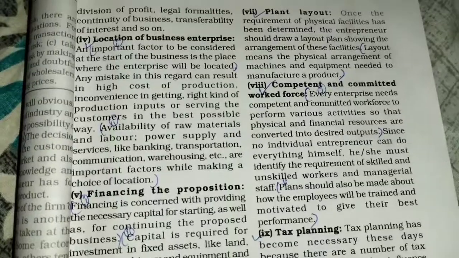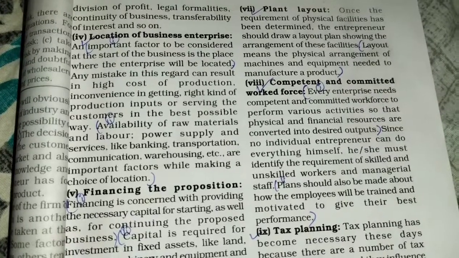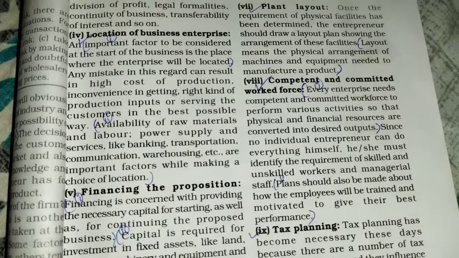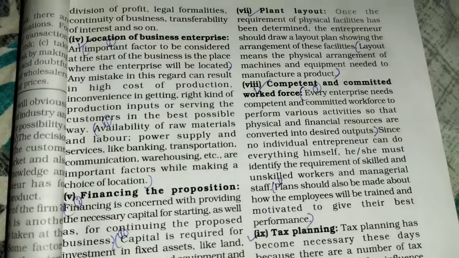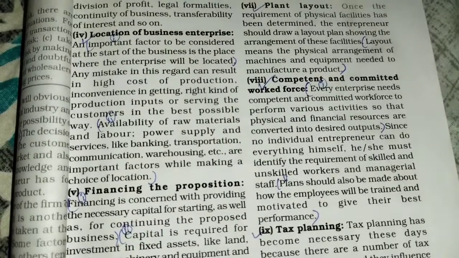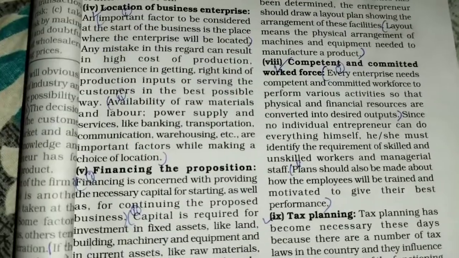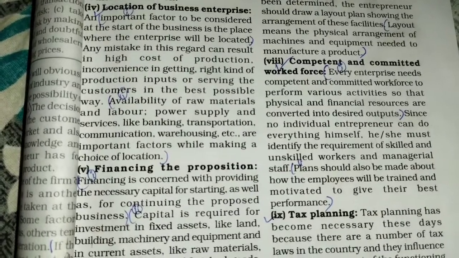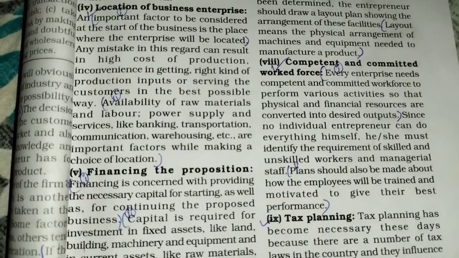Now, the fourth point is location of the business enterprise. An important factor to be considered at the start of business is the place where the enterprise will be located. Localization is very important, as availability of raw materials and labor, or a transportation hub, should be near our business.